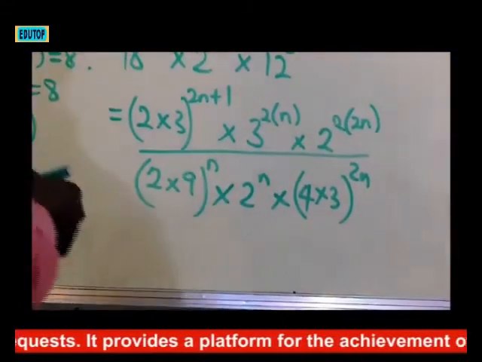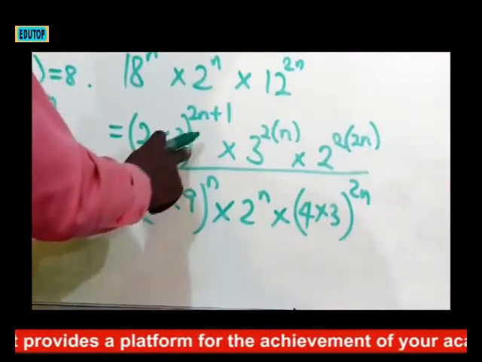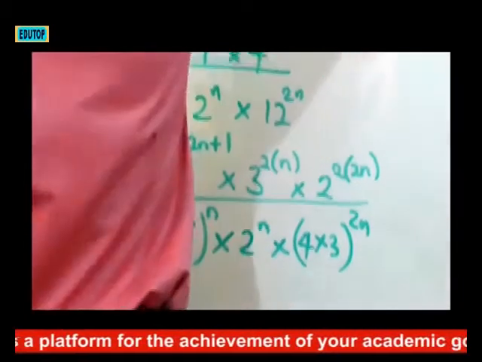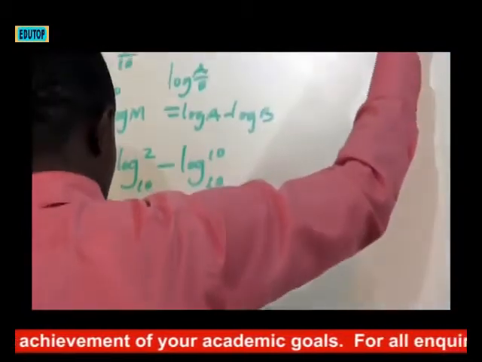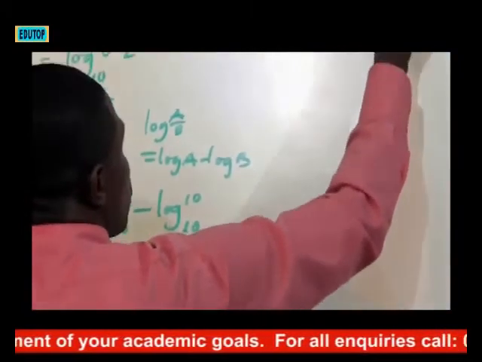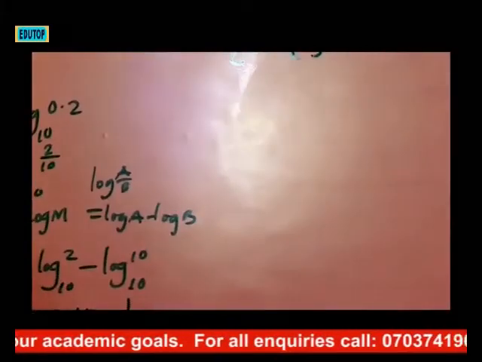So let me still move further. I can break this one to 2 raised to power 2n plus 1 times 3 raised to power 2n plus 1.